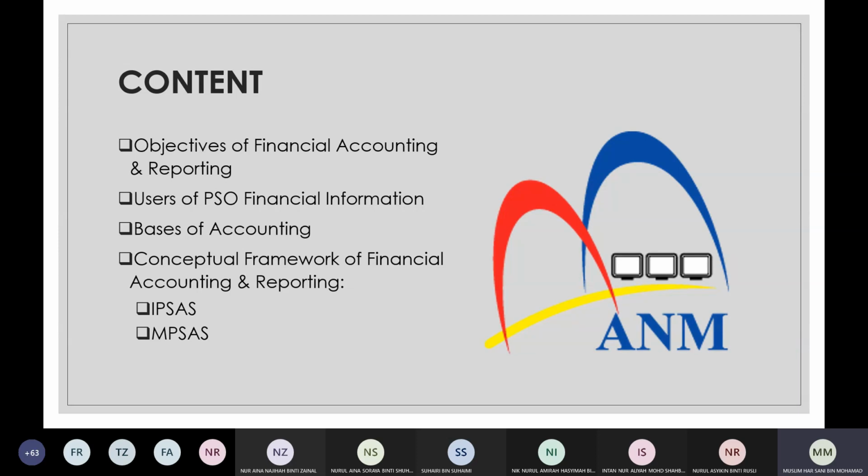We look at users, and then basis of accounting. I will also discuss fund accounting, part of basis of accounting, and that will be a bit detailed. And then with IPSAS and MPSAS, we look at accounting standards for financial reporting.